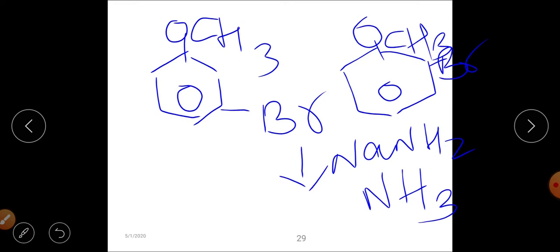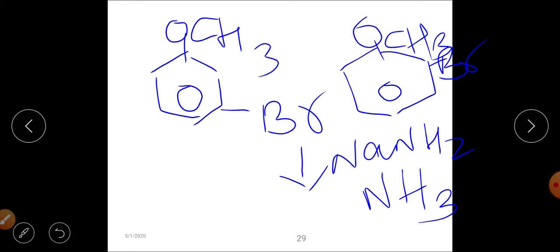Yesterday I told you that when the OCH3 group is attached and a benzyne is synthesized, I told you which one will be the major product and which one will be the minor product, because it stabilizes the carbanion which is formed in the second step of the NH2 negative attack, that is a nucleophilic attack.